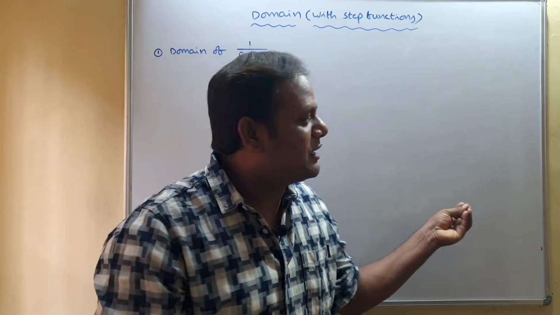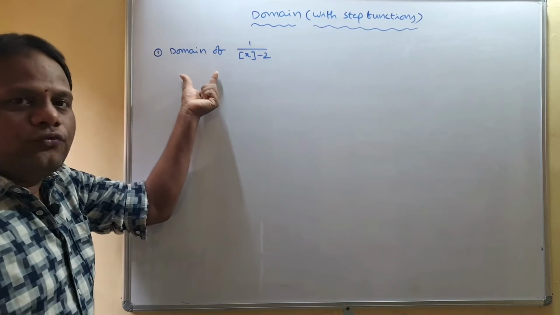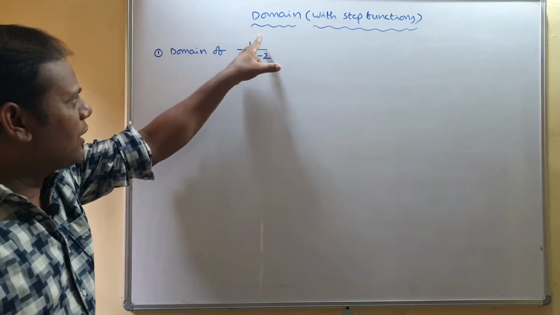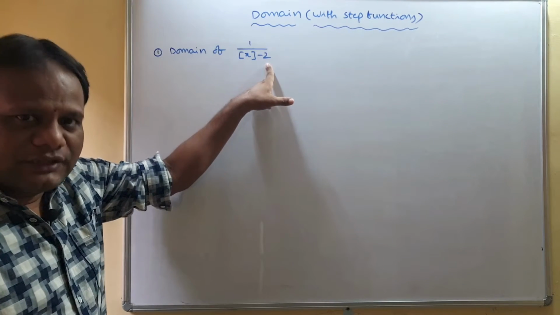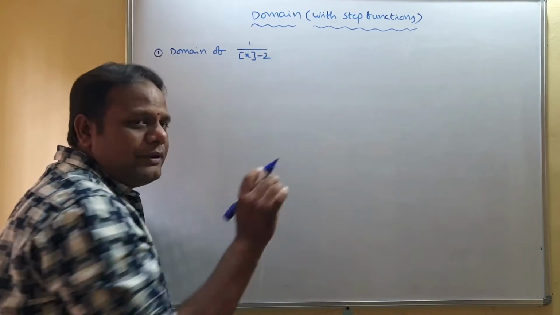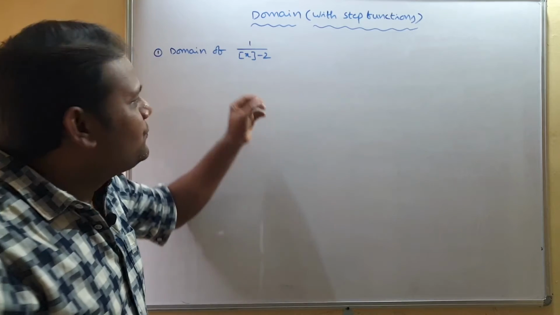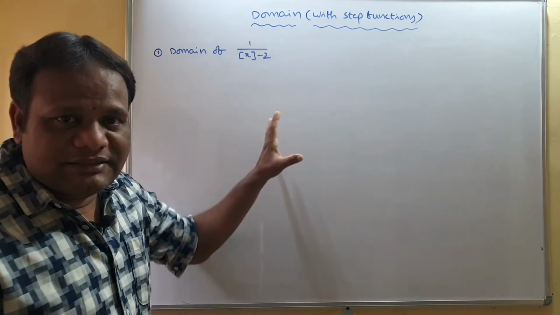So coming to this class, here we are going to find the domain of 1 by [x] minus 2, where [x] is the step function. See, it is like a rational function. I mean, even the denominator is not a polynomial. Here we have some denominator, is it?